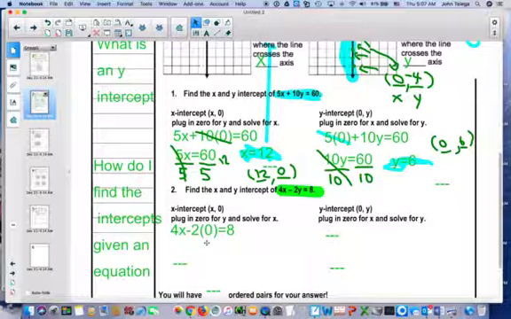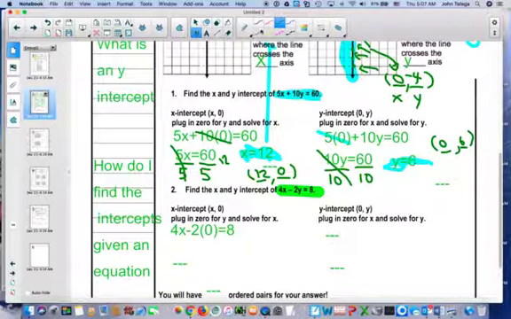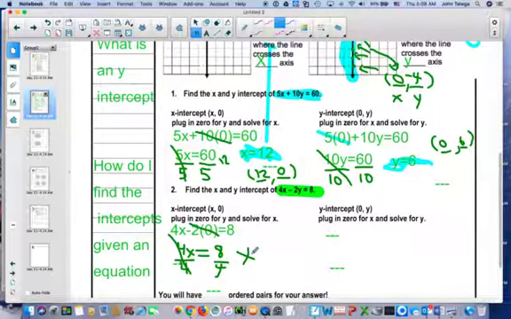Okay, and then when we multiply stuff by 0, it goes away, right? So this crosses out. So then we're just left with 4x equals 8. We divide both sides by 4. This cancels over here. 8 divided by 4 is 2. That means that x equals 2.